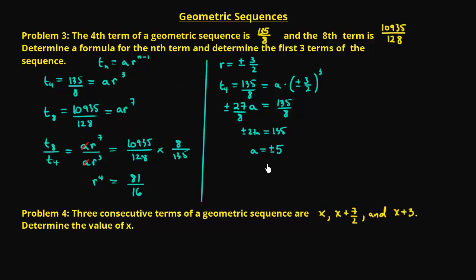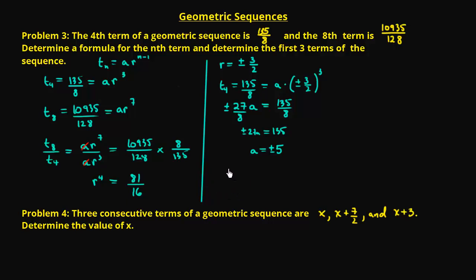Now let's think about this for a second. Because if a is positive 5, that means that r is positive 5 as well. If a is negative 5, that means that r is negative 5 as well, because they have to have the same sign here.